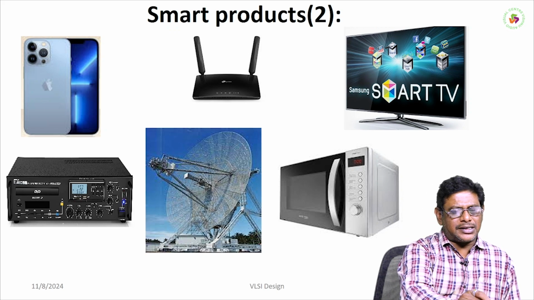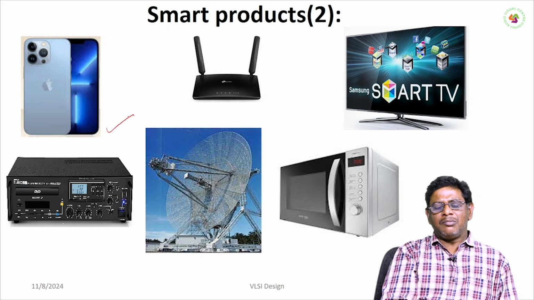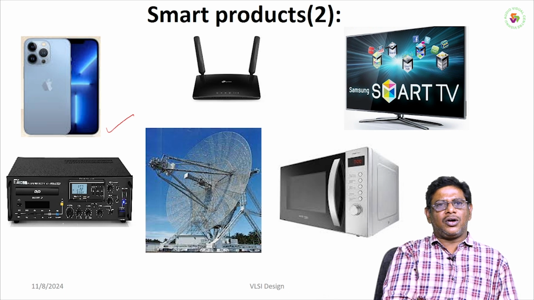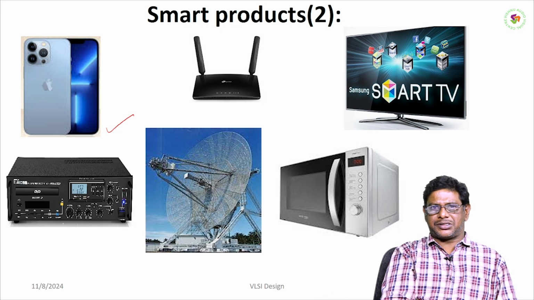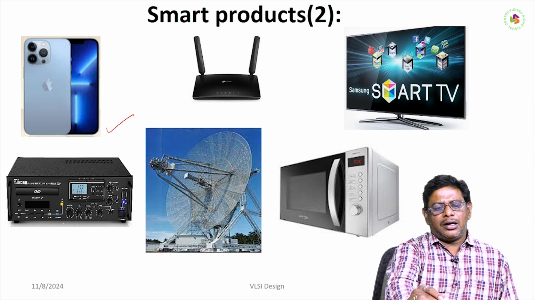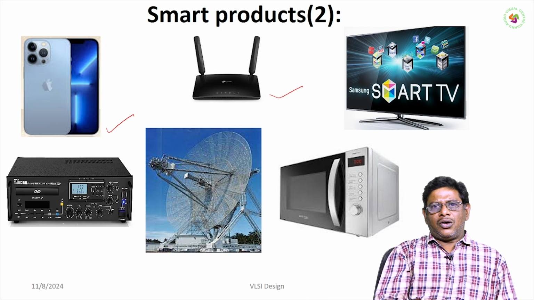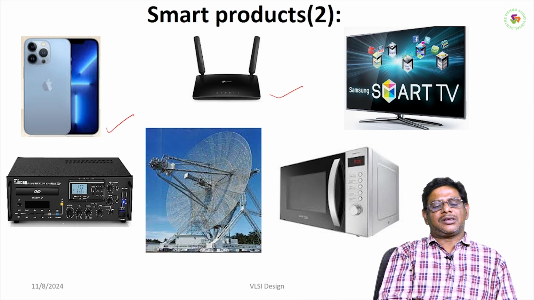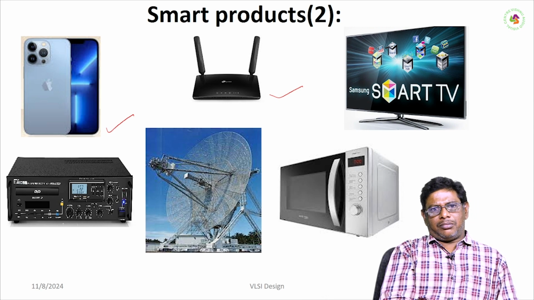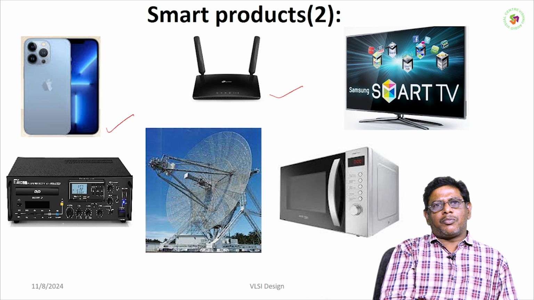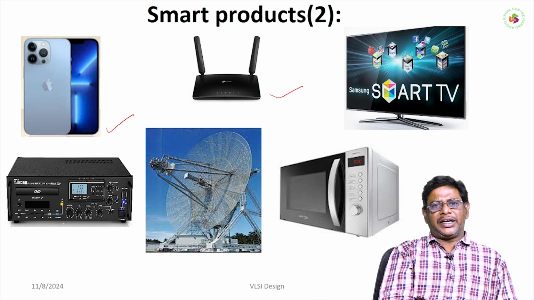Some other examples are mobile phones, which consist of different types of integrated circuits for different applications, and routers. We have routers in our homes where data can be encrypted and decrypted, and to do the processing for such applications we need a router composed of a number of integrated circuits.